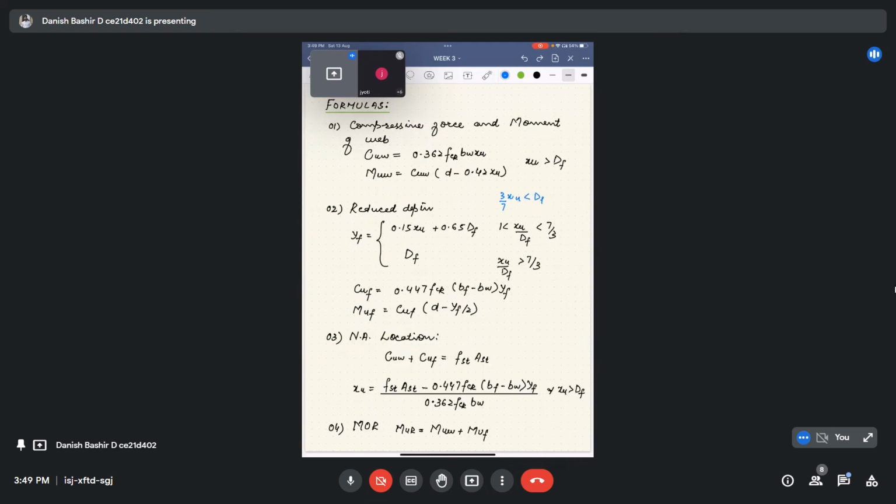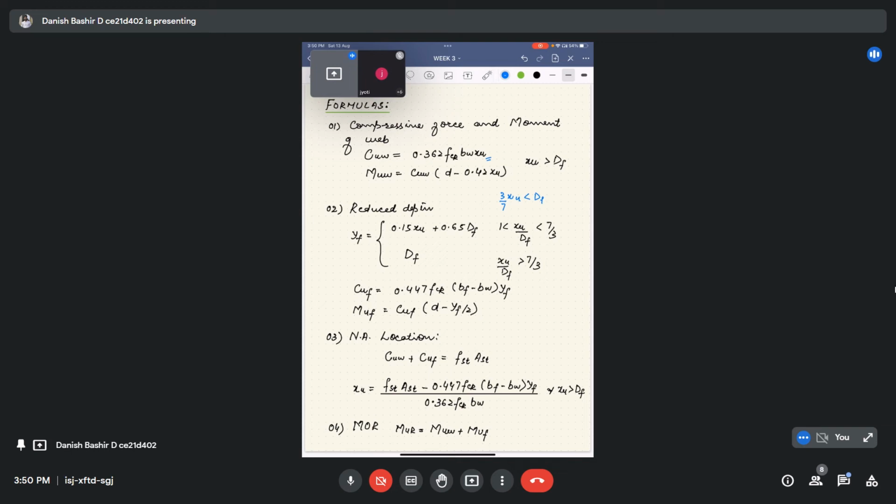So from this, for the web you can consider it as a rectangular section of width BW, and XU will be the depth at the neutral axis. You can get the compression force in the web as CUW equals 0.362 FCK BW XU, and MUW will be the same CUW multiplied by the lever arm D minus 0.42 XU, the same as we did for the rectangular section. And there is a condition: you can use reduced depth of the neutral axis like this.